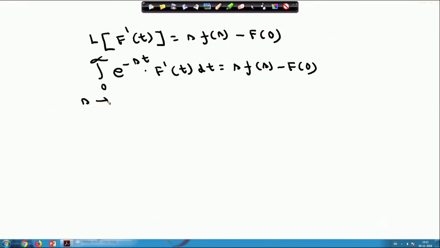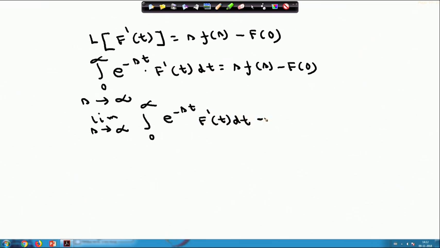Now, if I make s approaches infinity on both sides of the given equation, then I can write down limit s approaches infinity of integral 0 to infinity e power minus s t f dash t dt. This is equals limit s approaches infinity s f s minus f 0, because this is independent of s.